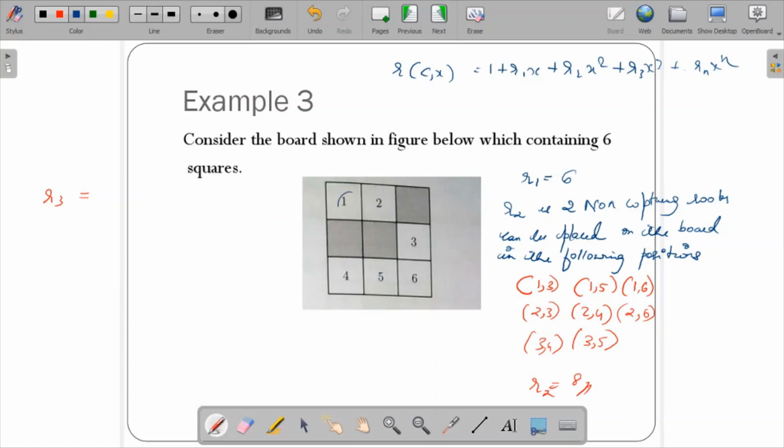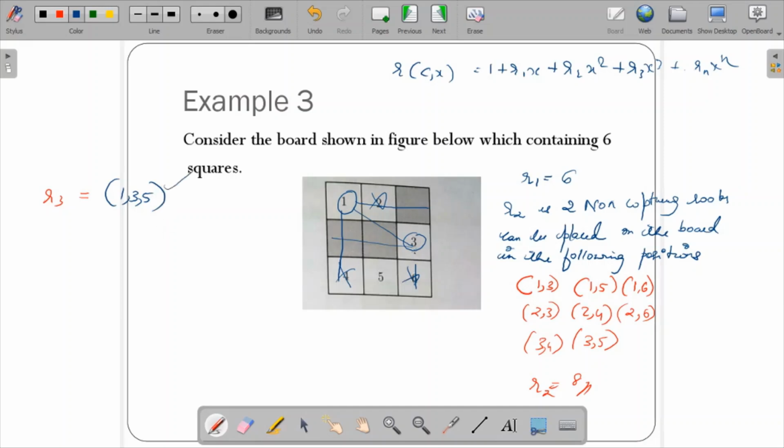For 1, it should not be the same row same column, got it? So 1 can be combined with 3. If you combine with 3, then this 3 also should not have the same column and same row. So what is left out? This is done, this is done. So 1 3 5. Why is 1 3 6 not possible? I made a mistake: 6 and 3 are in the same column, so it's not possible.